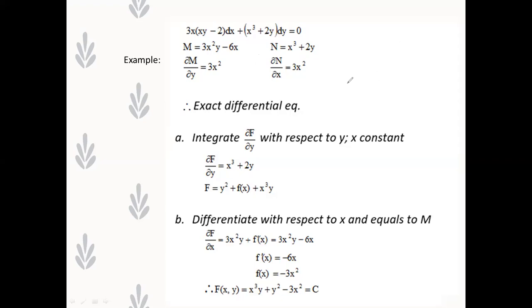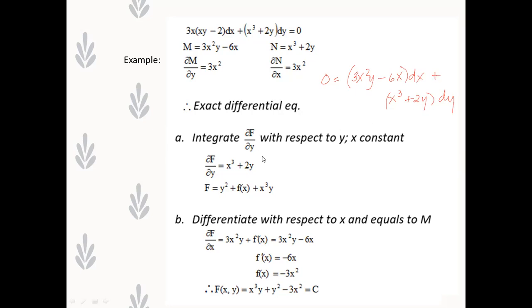I'll write here, class, the expanded form: (3x squared y minus 6x) dx plus (x cubed plus 2y) dy. The sum of these two should be equal to 0. So let me just check: x cubed plus 2y. Okay, so this is our DE, the DE where we used method 2 a while ago.